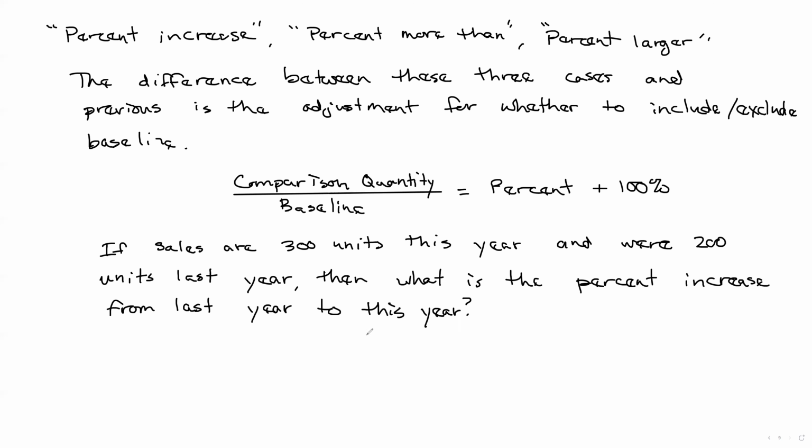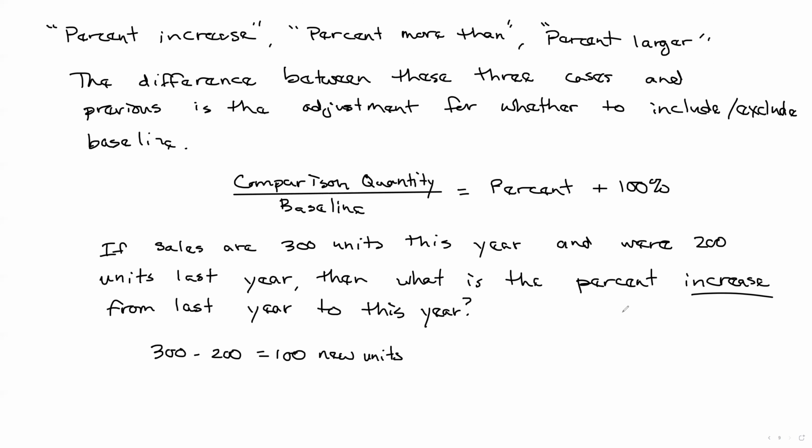All right, so if sales are 300 units this year and 200 units last year, we want to know the percent change. If you're going to exclude the baseline in the calculation, then you subtract it. So you do 300 minus 200 equals 100 new units. If there were 200 last year and 300 this year, then you added 100. So the amount of increase was 100 units.